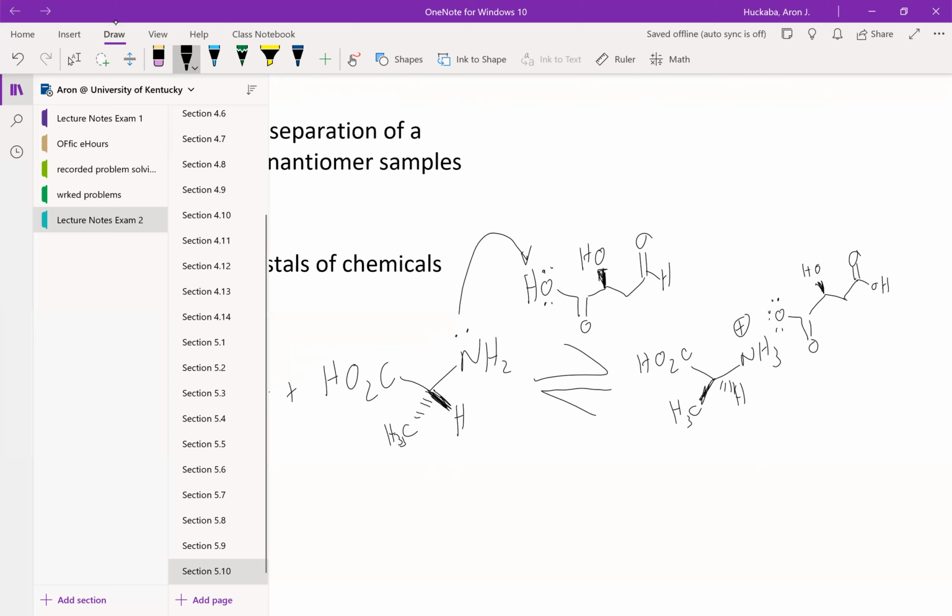So you cannot separate them typically by normal chemical means because their boiling point, melting point, and how they interact with other molecules typically is the exact same. So making a diastereomer is really key if you want to resolve enantiomers.